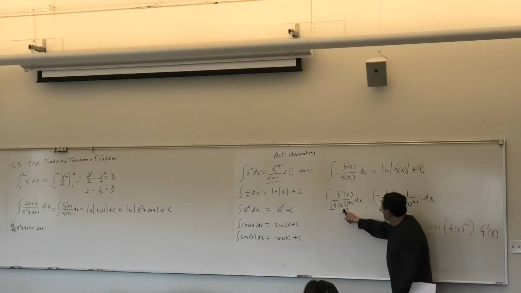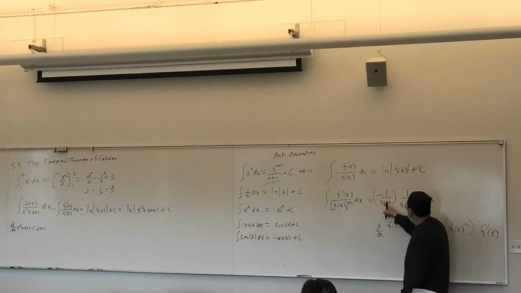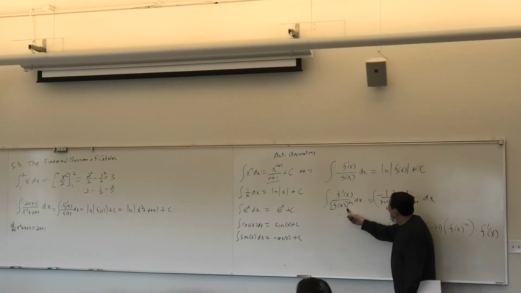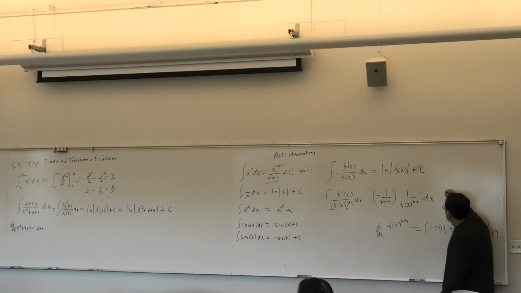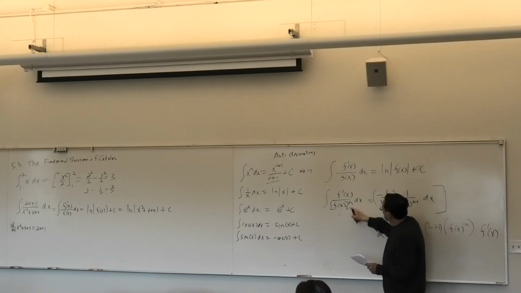So to get it to look like this, I have to multiply by minus 1 over n minus 1, because this is 1 minus n, and end up with derivative over this function to the n. So again, this is a nice extended version of this formula that takes care of the case where n is not 1, or minus 1, f to the minus 1.